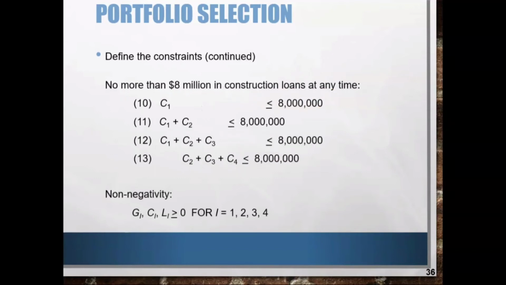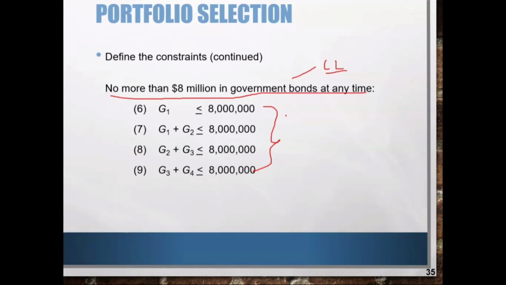The next slide will talk about the construction loans. So back to government bonds. In the first month, no more than 8 million, meaning less than 8 million.